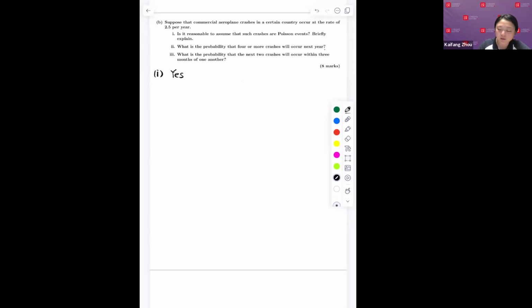So in this case, we can say yes, it satisfies Poisson. Why? Because crashes are independent events, and the crash rate is likely to remain constant.